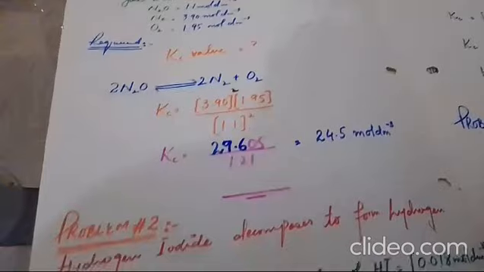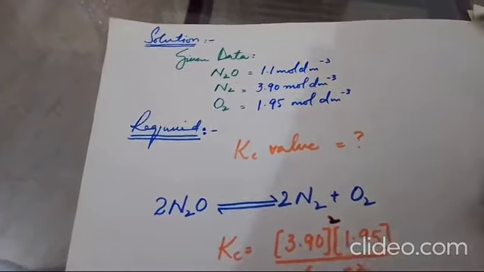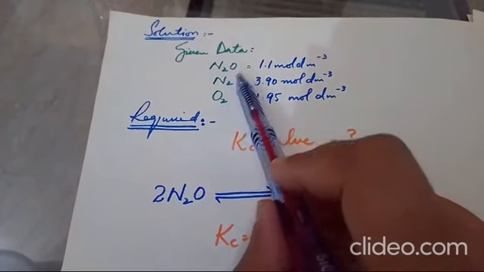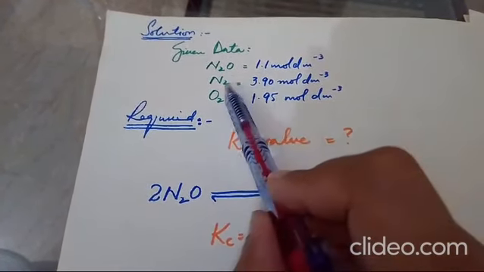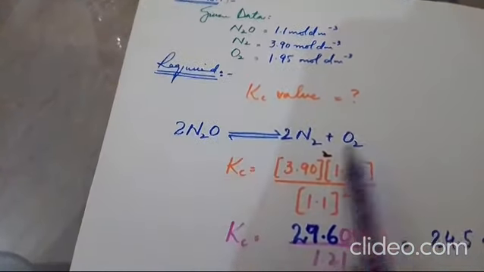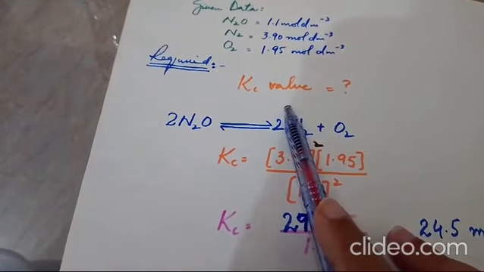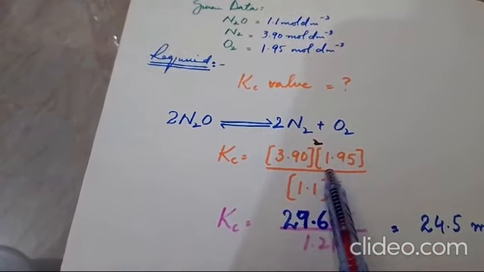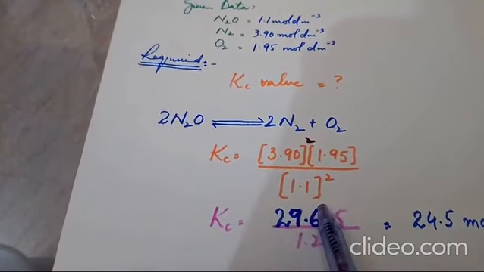Now, this is our given data, in which the concentration of N2O is 1.1, N2 is 3.90, and O2 is 1.95. From the given equation, according to the equilibrium constant expression, the product is our numerator and N2O is our denominator.